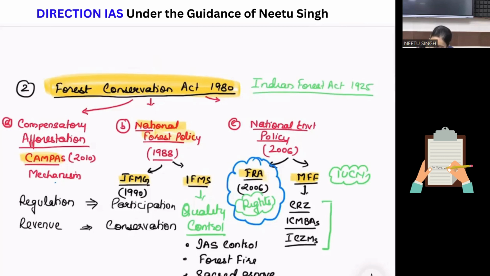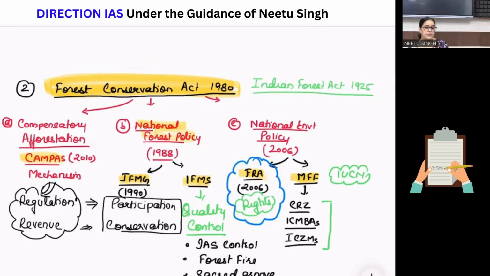So the Forest Conservation Act was added with these two avenues. Forest conservation was regulation and revenue oriented: let there be revenue generated for the compensatory afforestation, let there be regulations as mobilized by the authorities. The National Forest Policy integrated two new dimensions to forest conservation: participation and conservation.